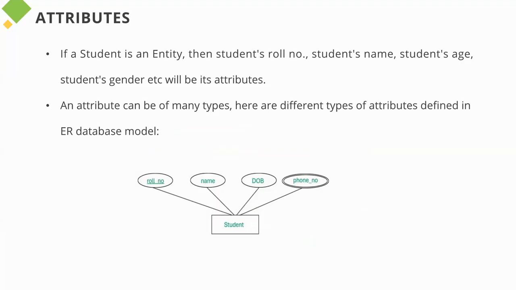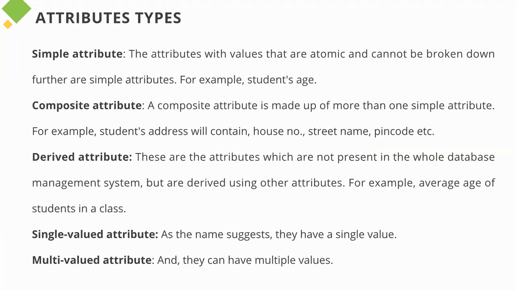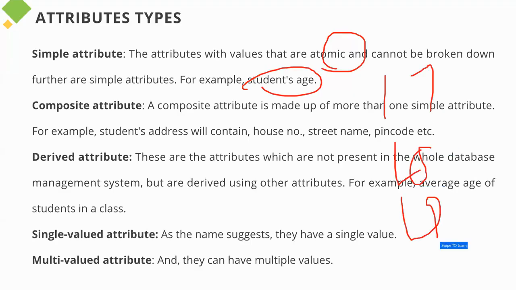You'll also see different types of attributes. A simple attribute has atomic values that cannot be broken down into simpler attributes, like the student age column, which may be 17, 18, or 19.